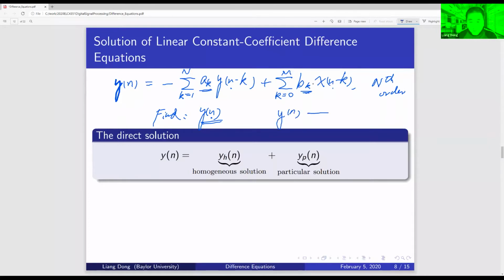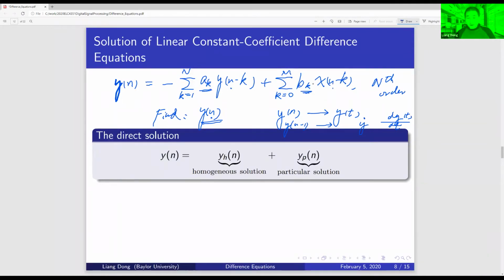y[n] corresponds to y(t) in the differential equation, x[n] corresponds to x(t), and then y[n minus 1] corresponds to y dot, which is dy/dt, where y is a function of t. x[n minus 1], which is a delayed input, corresponds to x dot, dx/dt. y[n minus 2] corresponds to y double dot, which is d squared y/dt squared.